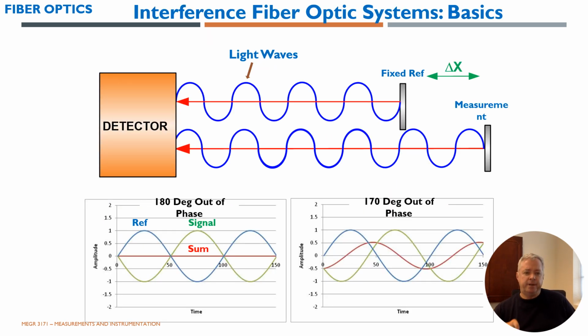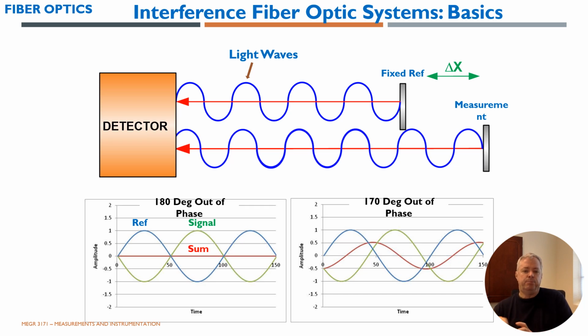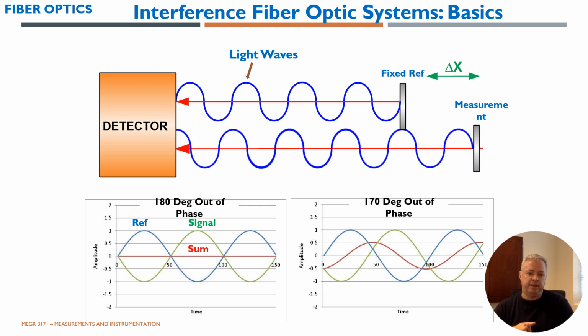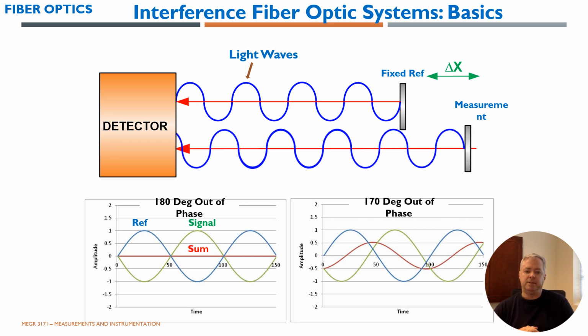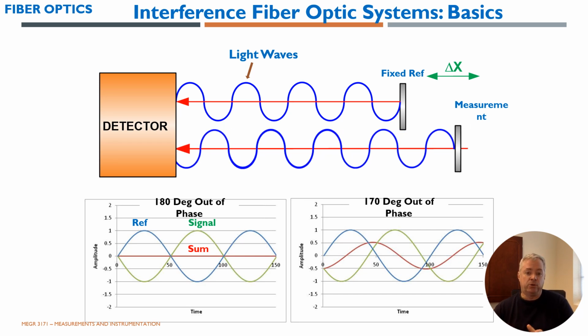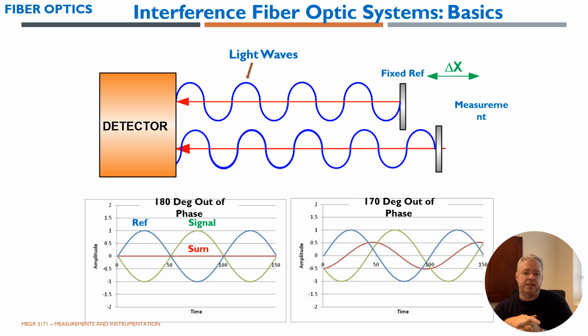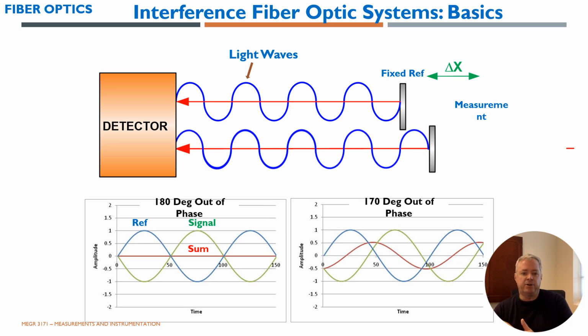And so here's some more detail. For example, you have a fixed reference a certain distance away from the detector, and then you move that fixed reference, that delta X that you see in green there. And what happens is your signal has a different phase. Here you can see the signal, for example, is 180 degrees out of phase.